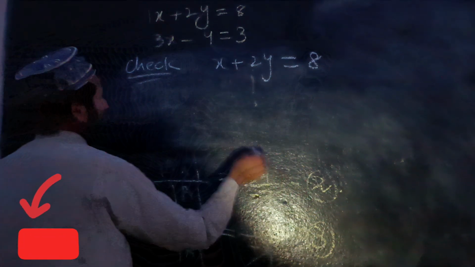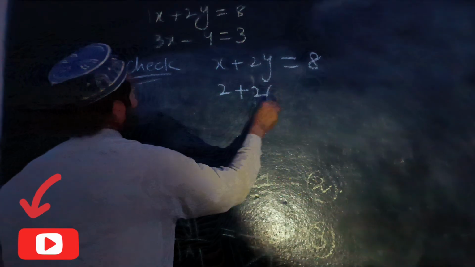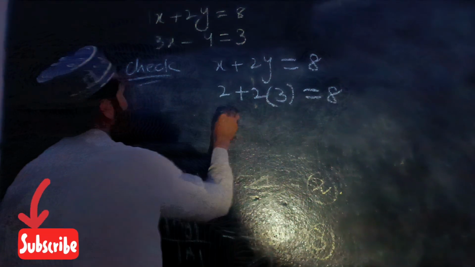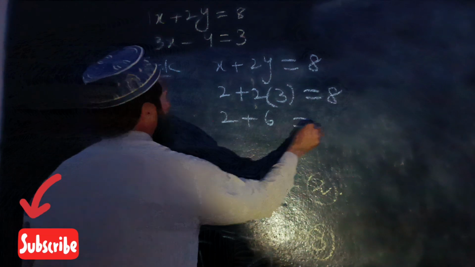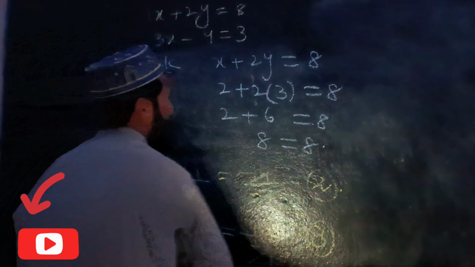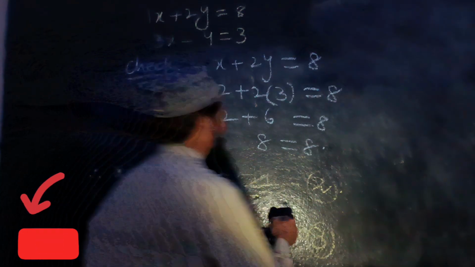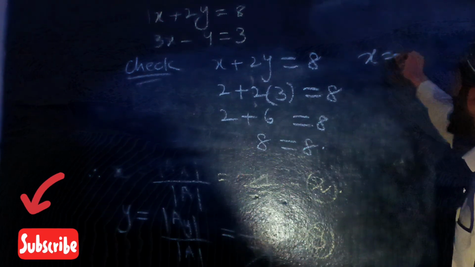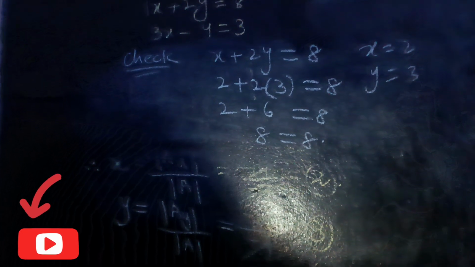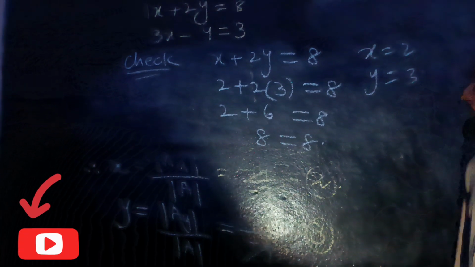Now x is 2, plus 2 times y, which is 3, is equal to 8. So 2 plus 6 is equal to 8. We get 8 is equal to 8. Yes, our solution is correct. X is equal to 2 and y is equal to 3 is the solution set.